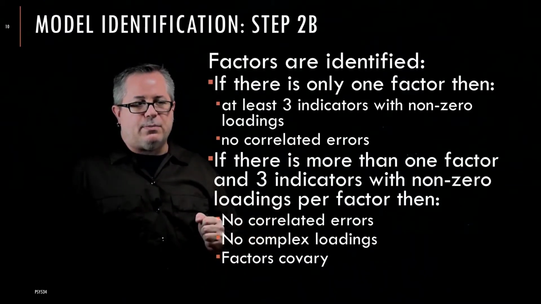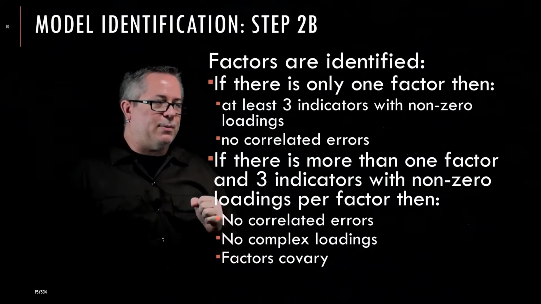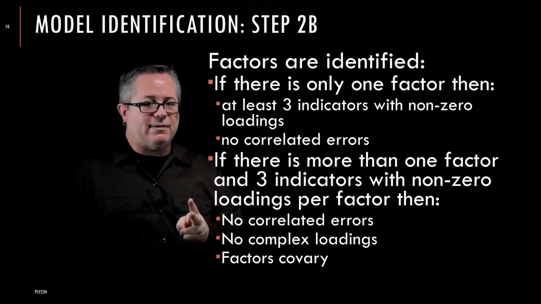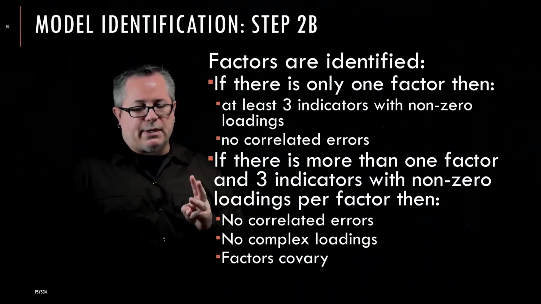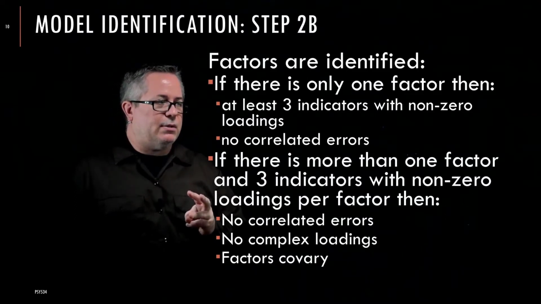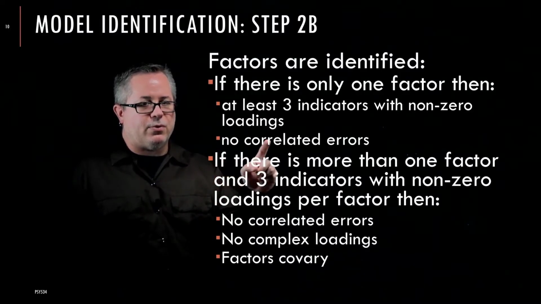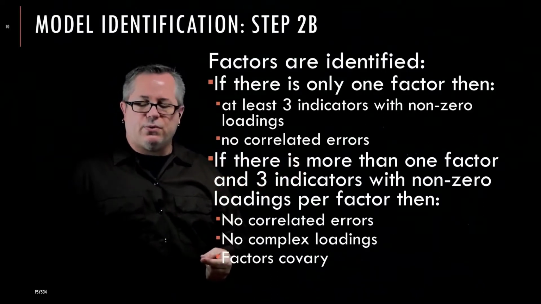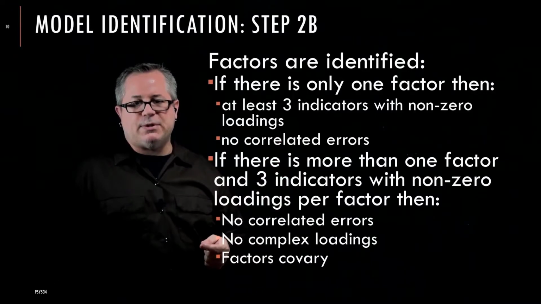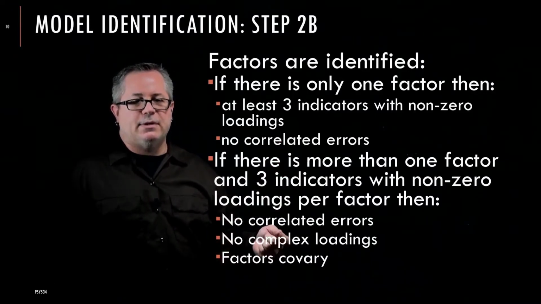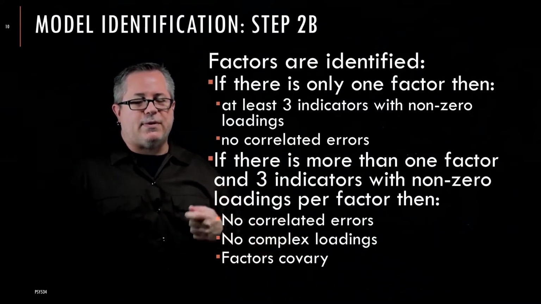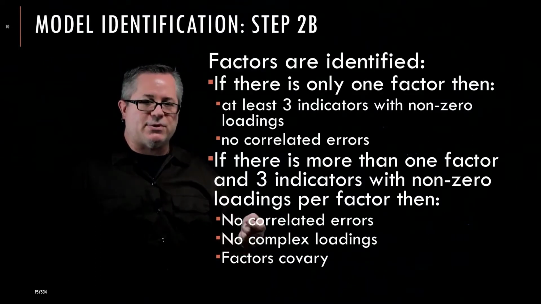So the take home here is the bare minimum should be that you have at least 3 items, and in order for the items to be clean and the factor to work, you have to have no correlated errors. If errors correlate, that means items are related for reasons outside of the factor, so the factor is not explaining all the common variance. There's other stuff going on.